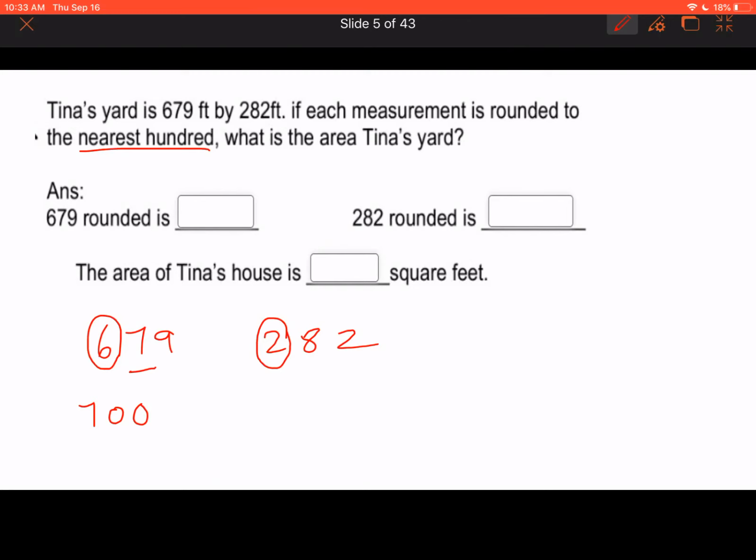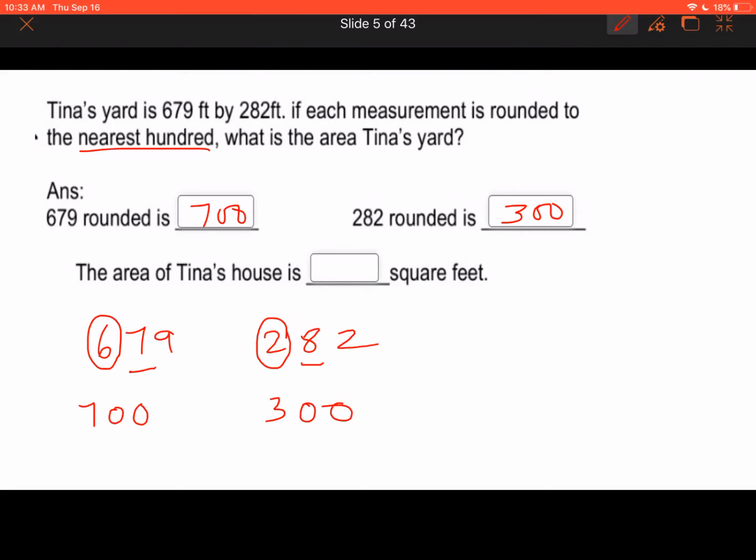So 288, in this you have to round up the 2. So we have to check the next number, which is going to be 8. This value is more than 5. So we have to round up the value of the hundreds place. So it's going to be 300. Right? So let me write that.